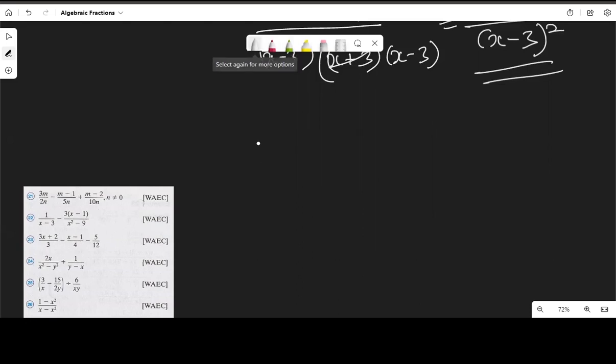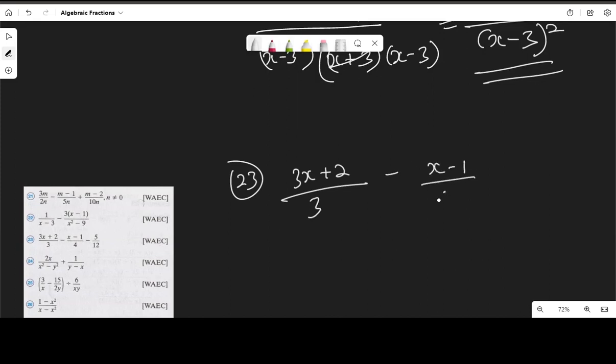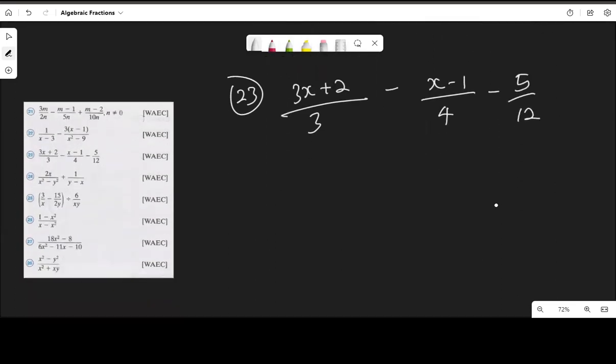Question 23. We have 3x plus 2 over 3 minus x minus 1 over 4 minus 5 over 12. Again, we need to look for the LCM of this fraction 3, 4, and 12.